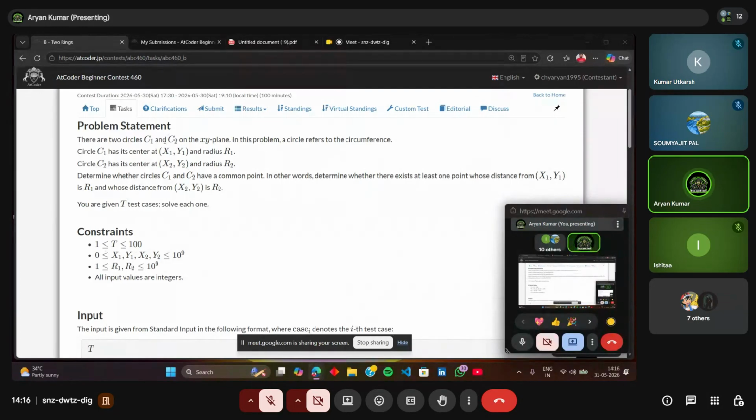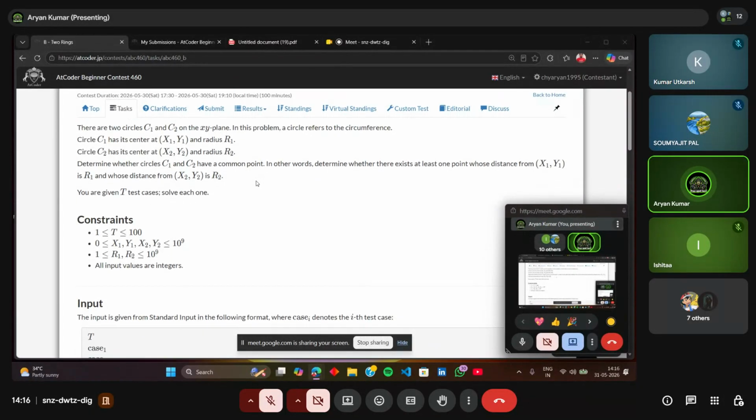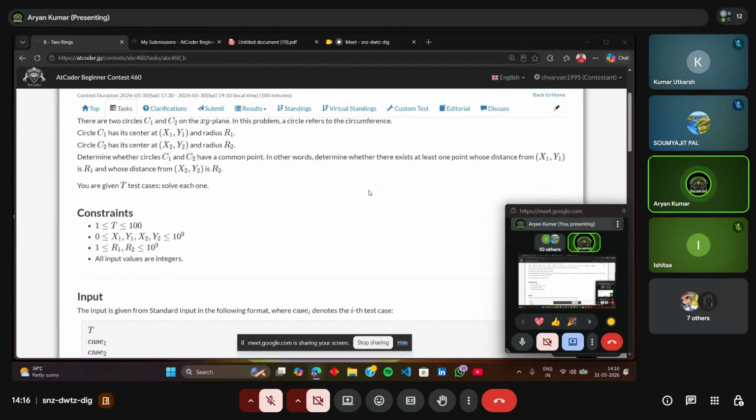Circle C1 has center at x1, y1 and radius r1. Similarly, circle C2 has center at x2, y2 and radius r2. We have to determine whether circles C1 and C2 have a common point or not, that is, whether there exists at least one point that both circles share.